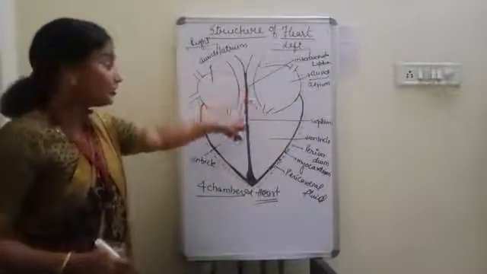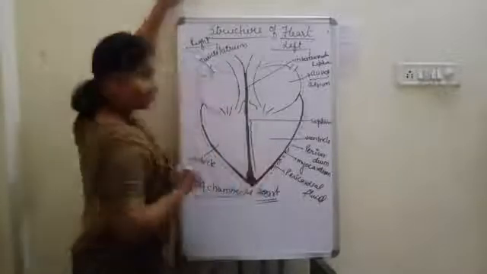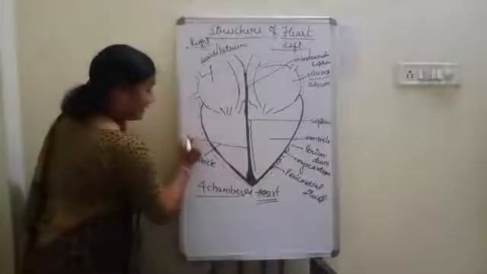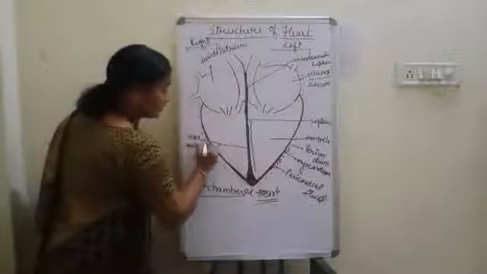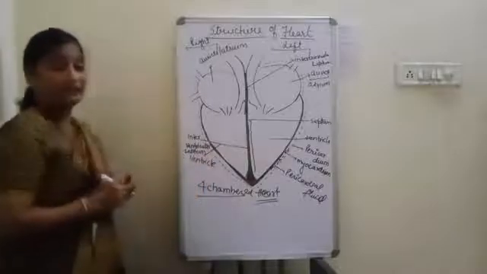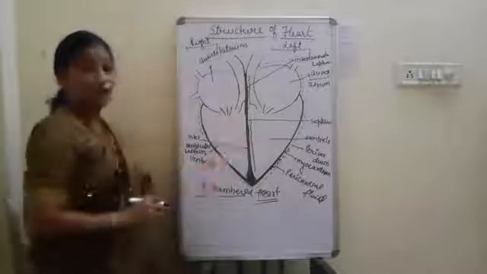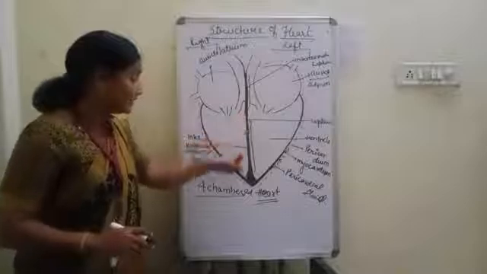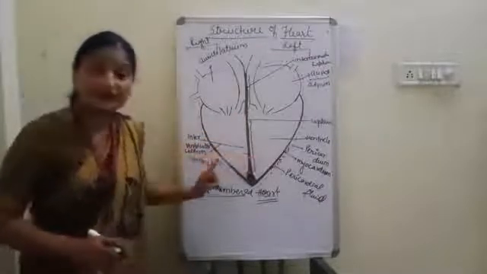And the septum from here till here is named the interventricular septum. So this much is the interauricular septum because it is dividing the auricles, and on this side it is the interventricular septum because it is dividing the ventricles.